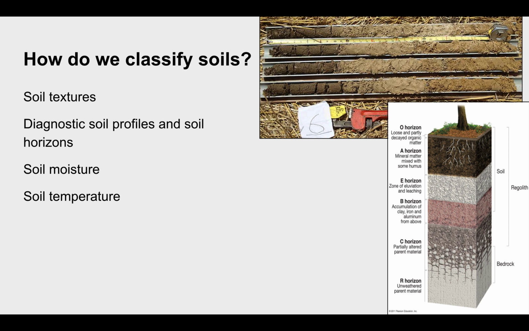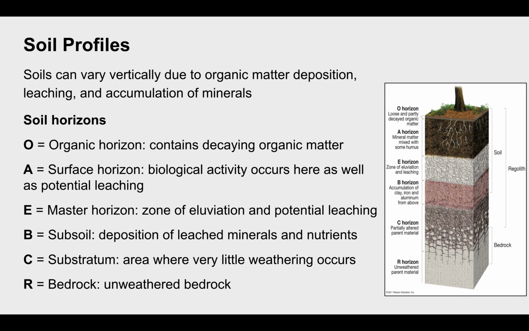And so if we look at, say, this cutout of a chunk of earth here, we can see that it's classified into all these different soil horizons, right? But we're also going to take into account things like soil moisture and soil temperature, because that can play a role in how many nutrients are available in these soils.